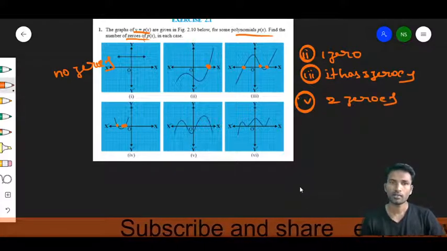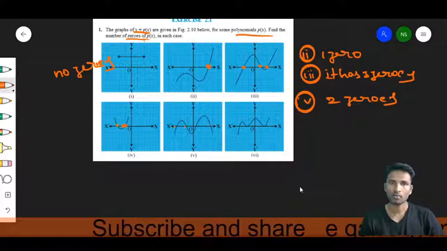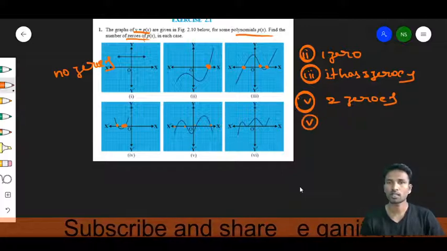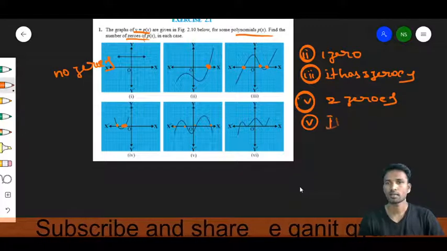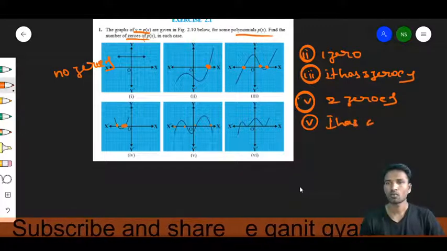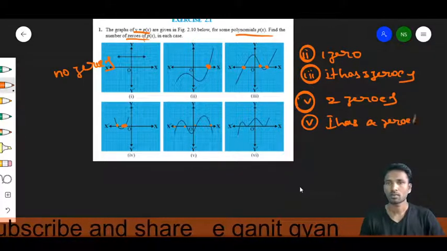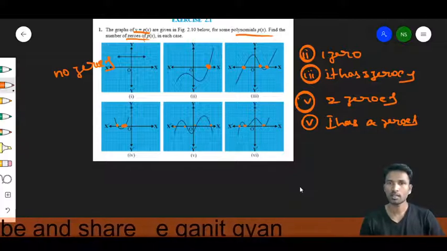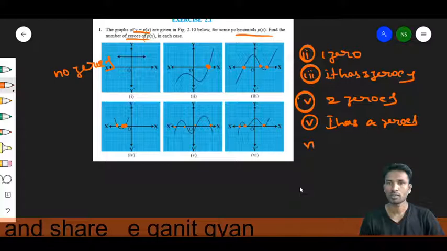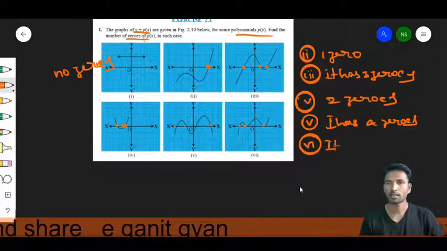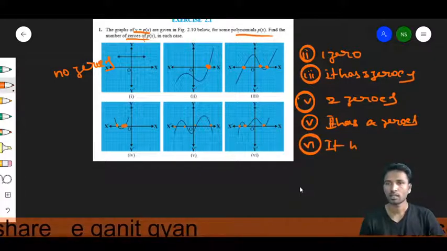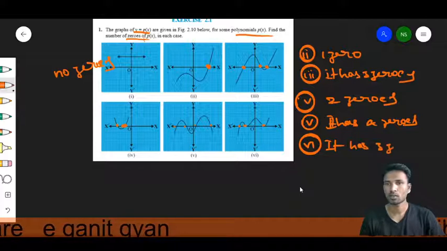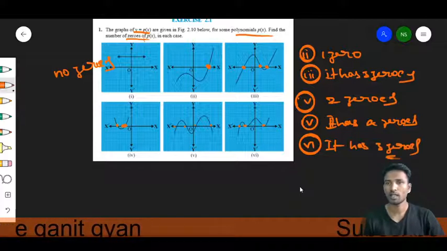Then this one, if we observe 1, 2, 3, 4, at 4 locations it is intersecting, so I can say it has 4 zeros. Now here we see 1, 2, 3 locations, question number 6, it has 3 zeros. Like that we will conclude.